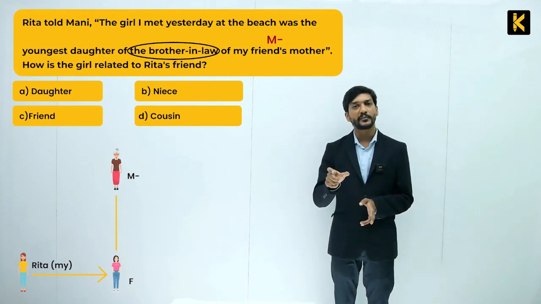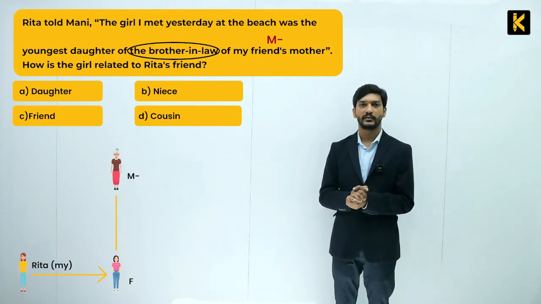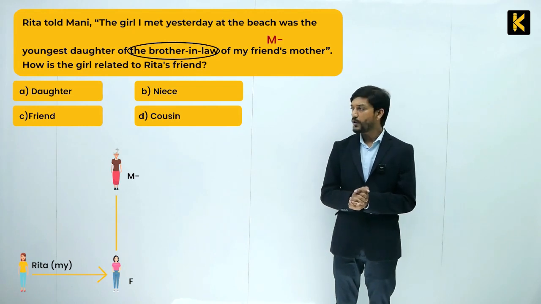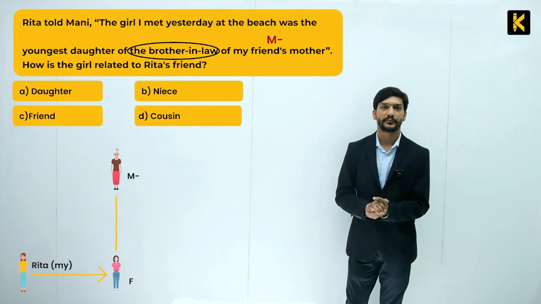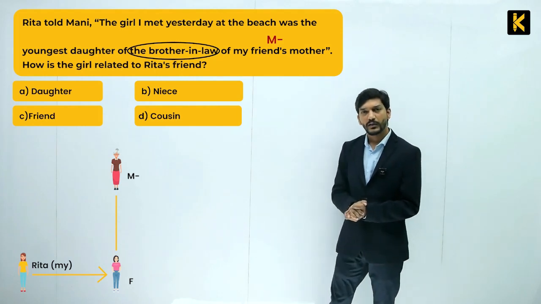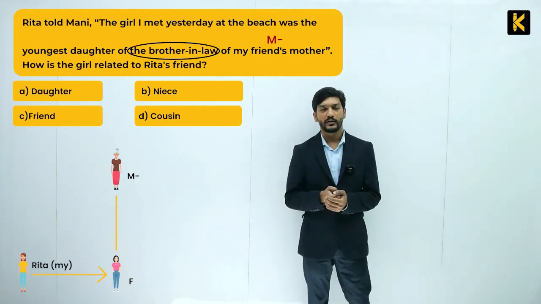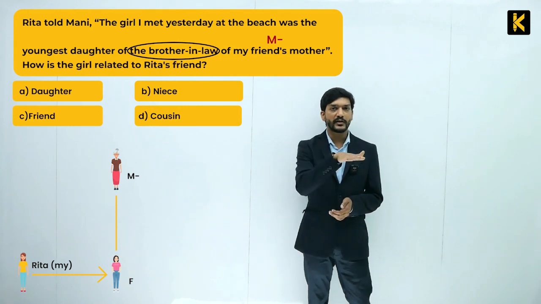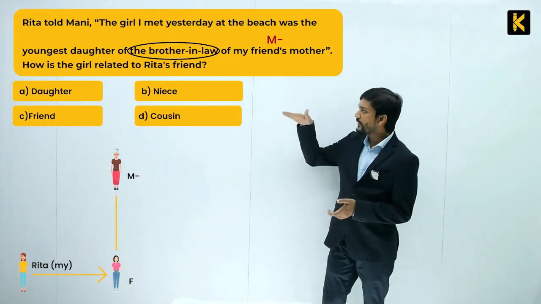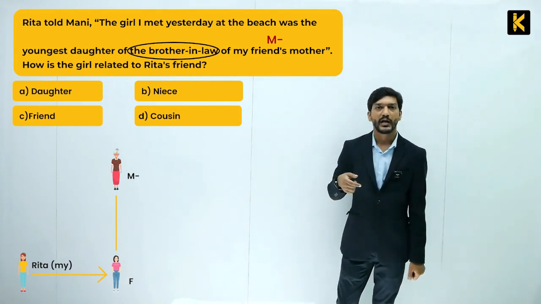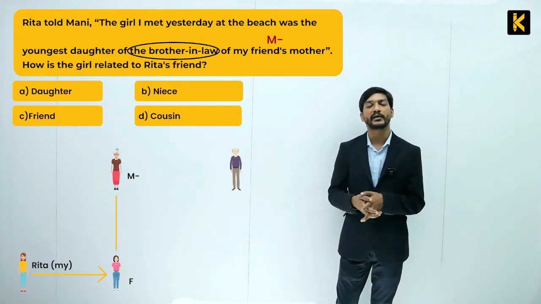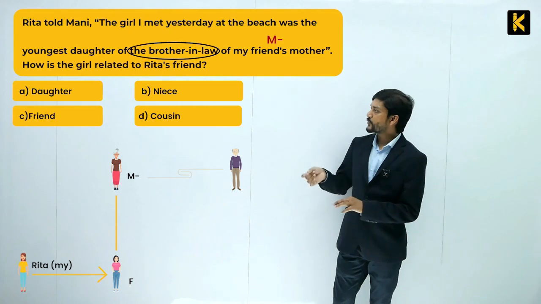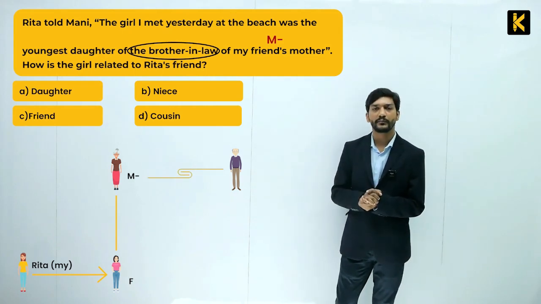My friend's mother means M minus. So now I have to draw the brother-in-law of M minus. Brother-in-law and brother will be in the same generation. So in the same generation, I have to take one person who has an in-law relation. Let me show the in-law symbol, and that person is the brother-in-law.